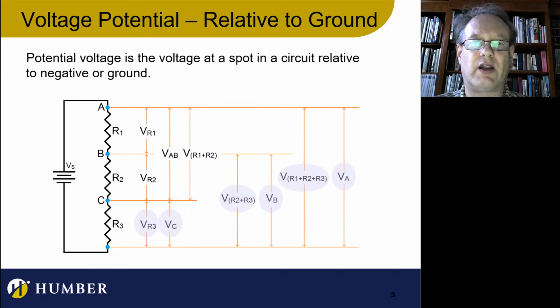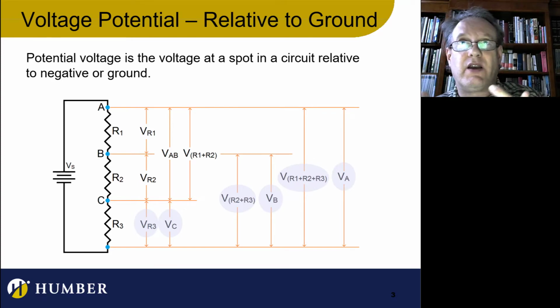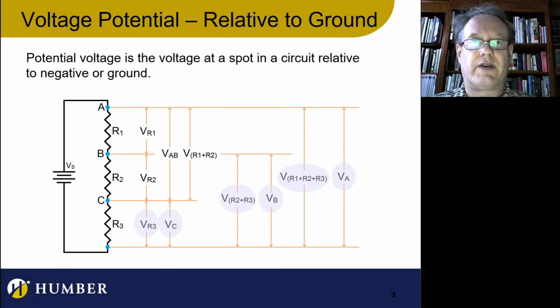Let's move on a little bit here. In this case, I've got relative to ground is my voltage potential. So voltage is energy per coulomb. How much energy per coulomb do we have at any point in the circuit relative to ground? Kind of like if you throw something up in the air.